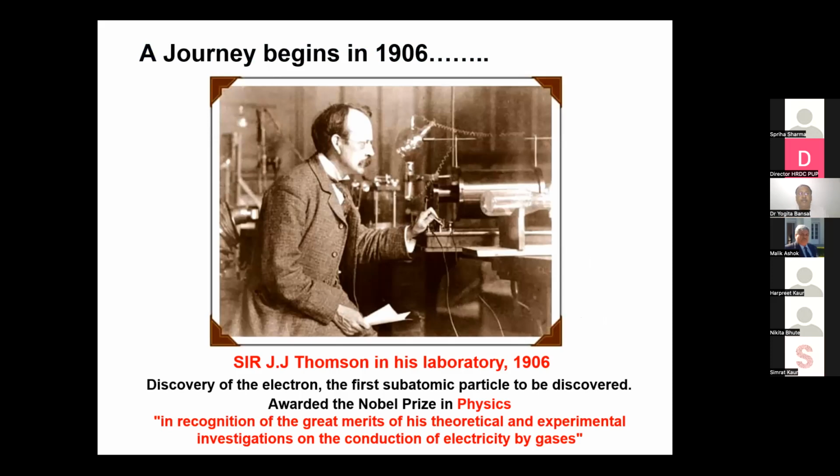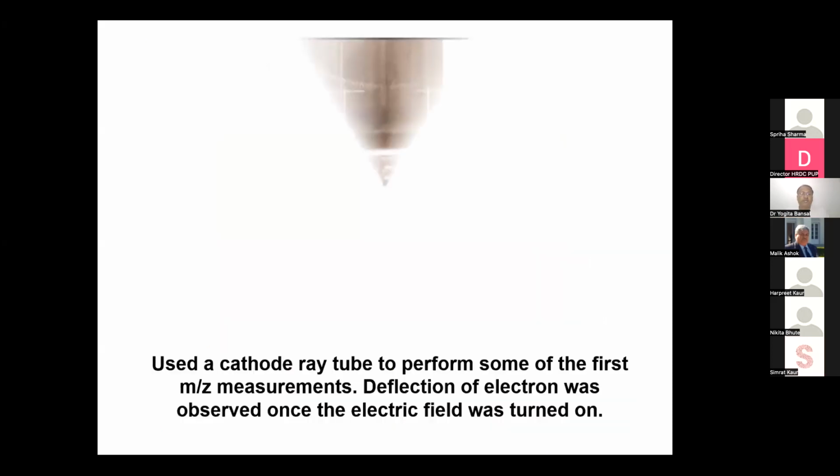Thomson in his laboratory in 1906 discovered the electrons through his tube, which is called a cathode ray tube. And for this discovery, he was conferred a Nobel Prize also.